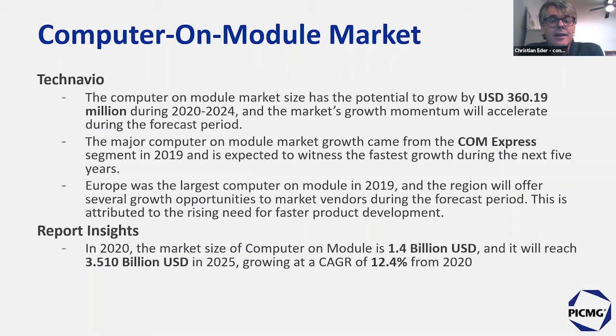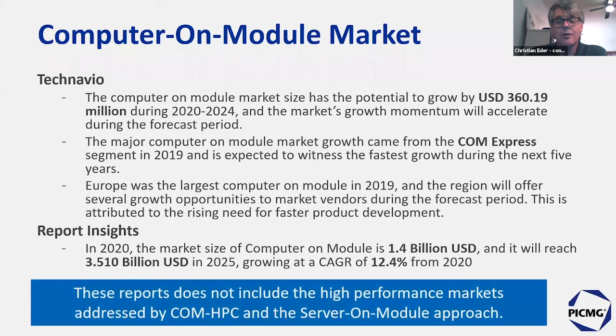You see that COM-Express reaches millions and millions of market sizes, and the complete market of all computer modules is expected to be $1.4 billion US. So that's quite a lot, and it will grow quite fast at an average growth rate of 12.4%, up to 3.5 billion in 2025. But all of those calculations, all these market views, do not include COM-HPC.